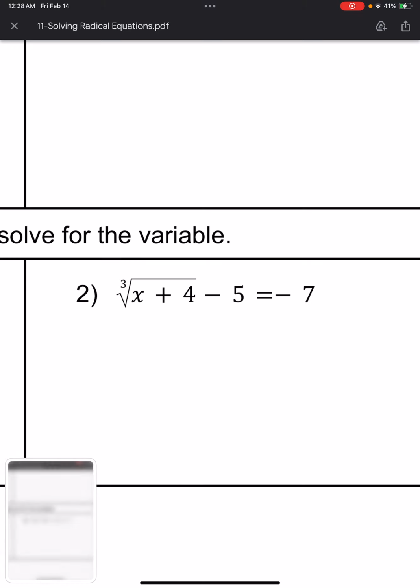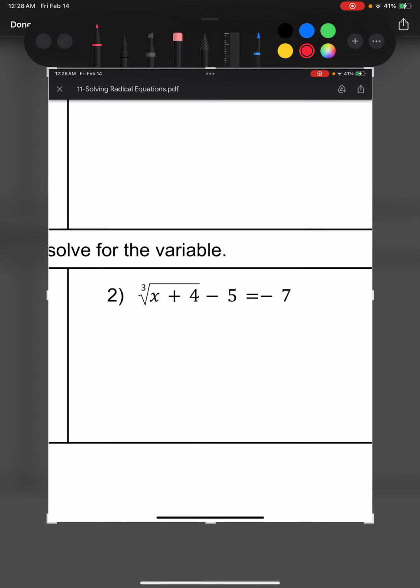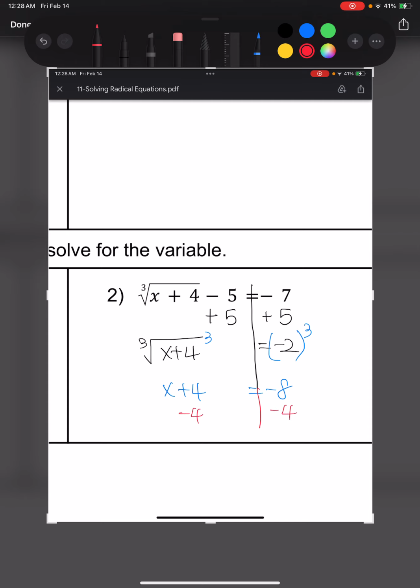So I'm going to solve number 2. The first step, you can stop the video and try yourself and then check your answer. And then I'm going to move on to the next page.